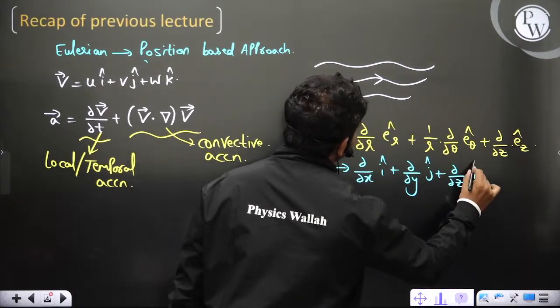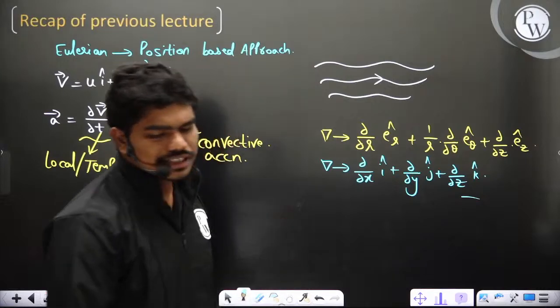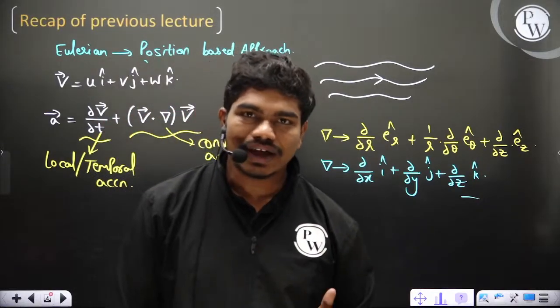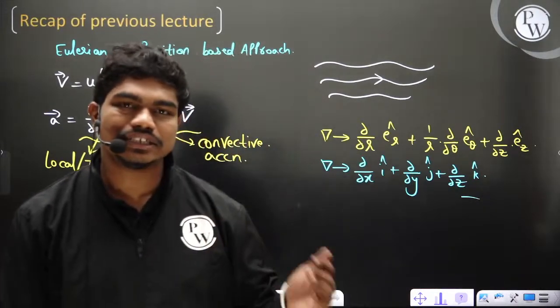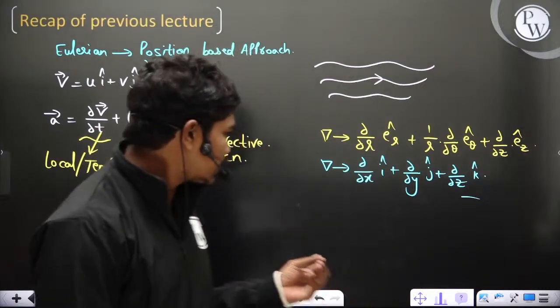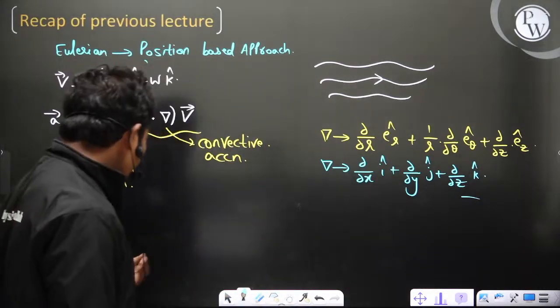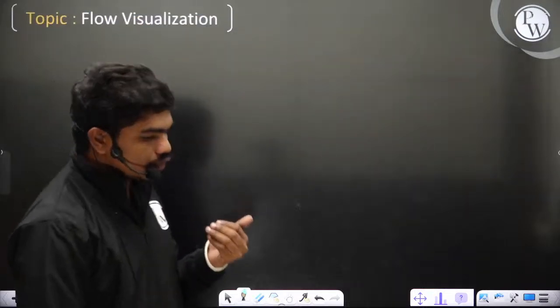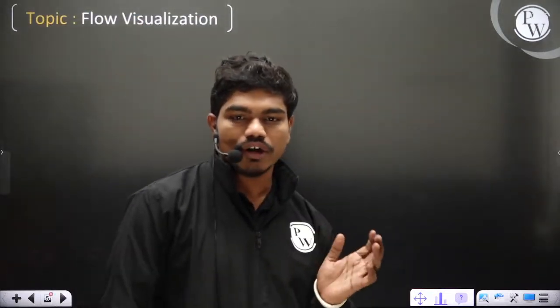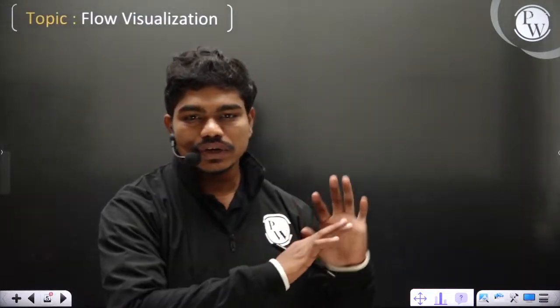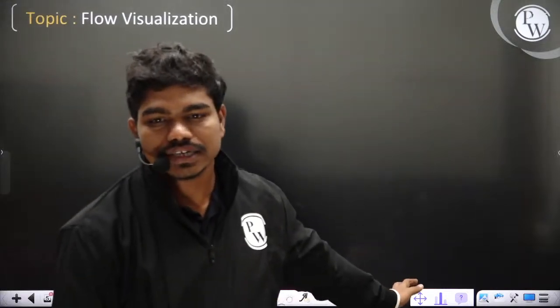And I have given you components for acceleration in Cartesian and also in polar coordinates. After looking at acceleration, basically steady and unsteady flows, we also started looking at certain small important mathematical adjustments. So in today's lecture we will start with flow visualization and also deformation of fluid elements. Are you all clear with what we dealt with in the last class?